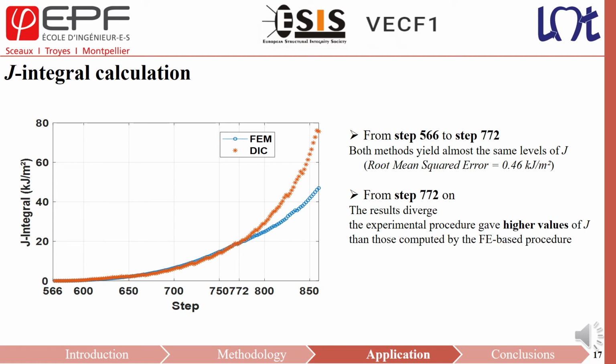From step 772 on, the results diverge. Namely, the experimental procedure gave higher values of J than those computed by the FE-based procedure. The source of this offset can be explained by mapping the error between the measured and calculated displacements.